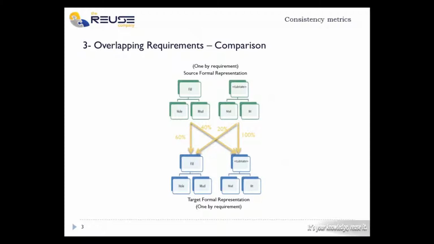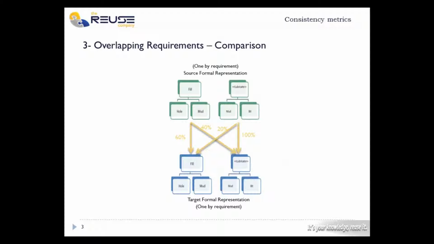This value will be the similarity ratio between the requirement from the source specification and the one belonging to the target. This process is run for each requirement from the source specification against every requirement of the target specification.